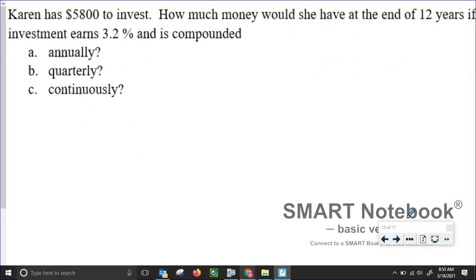Now we get to some word problems. Karen has $5,800 to invest. How much money would she have at the end of 12 years if the investment earns 3.2% and is compounded A, annually, B, quarterly, and C, continuously? For A, annually, A is equal to P times 1 plus r over n, all to the nt power.